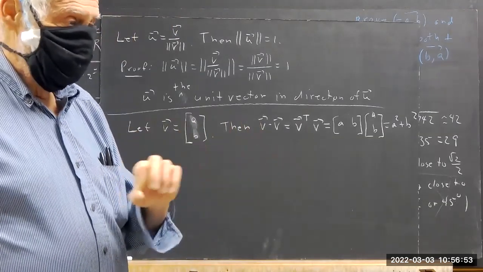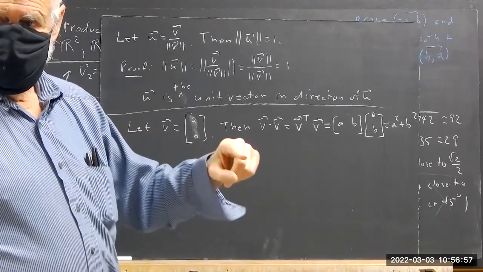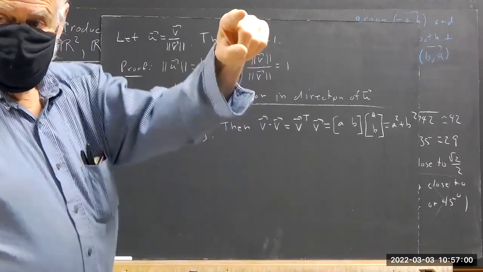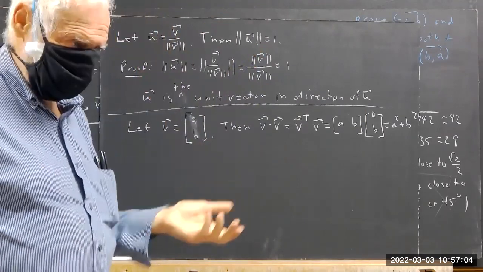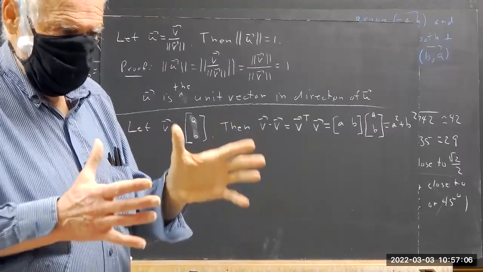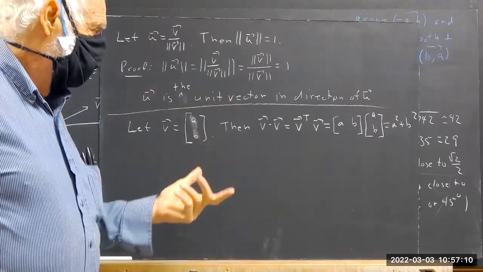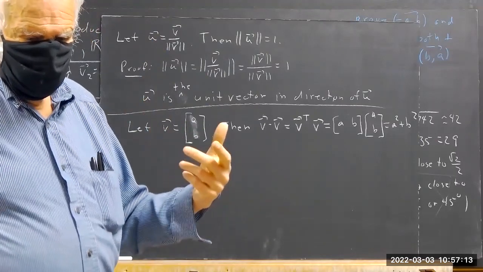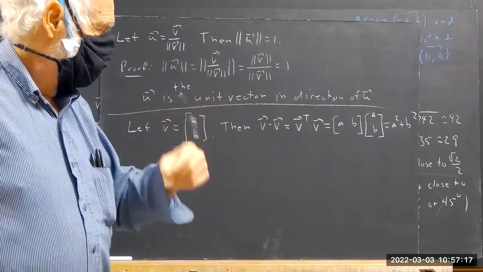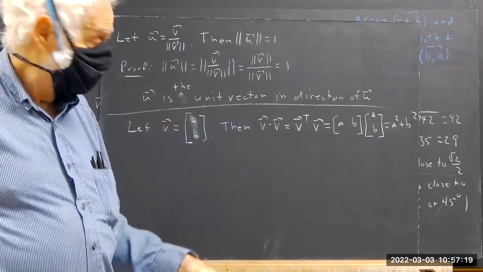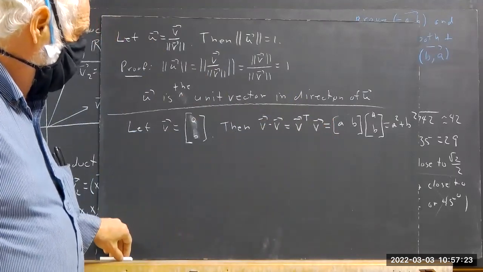If you have a vector with components A, B, and C in 3 dimensions, you can draw a rectangular solid and so forth and easily prove that the length of the vector is the square root of A squared plus B squared plus C squared. So the Pythagorean theorem just extends easily.